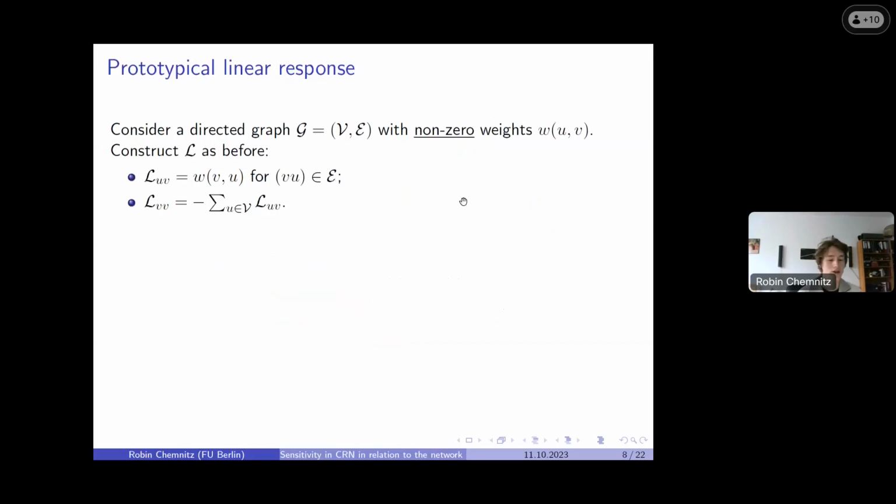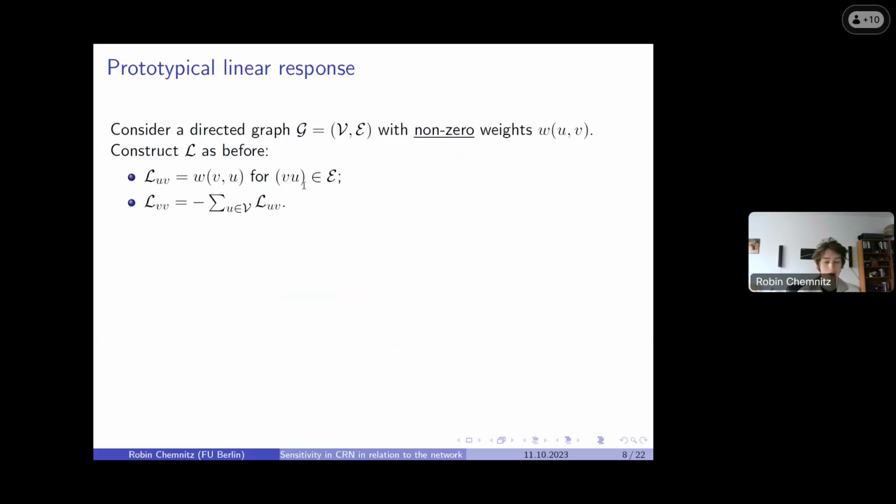So we consider a directed graph, but this time the weights are allowed to be non-zero. And we construct this matrix L, this Laplacian, exactly as before. The entry uv will be the weight from v to u. This was this flip that I was talking about before.